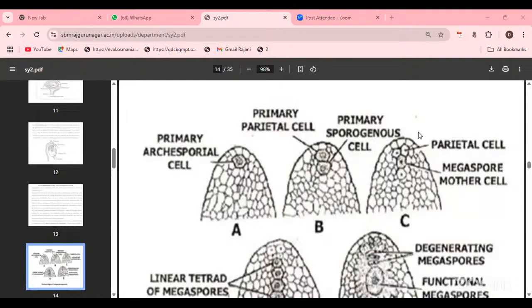After divisions, the parietal cells and the megaspore mother cells.